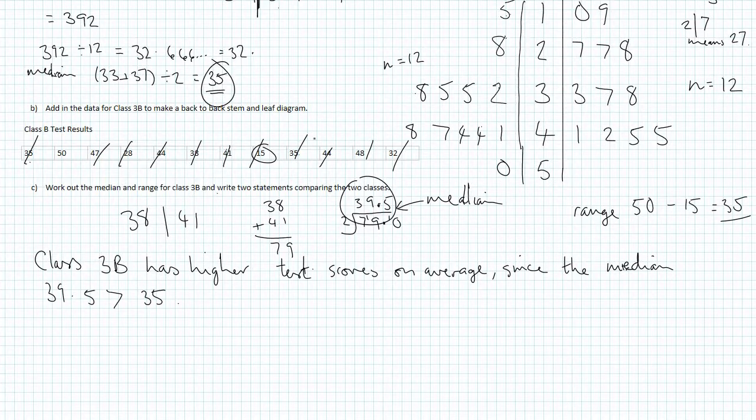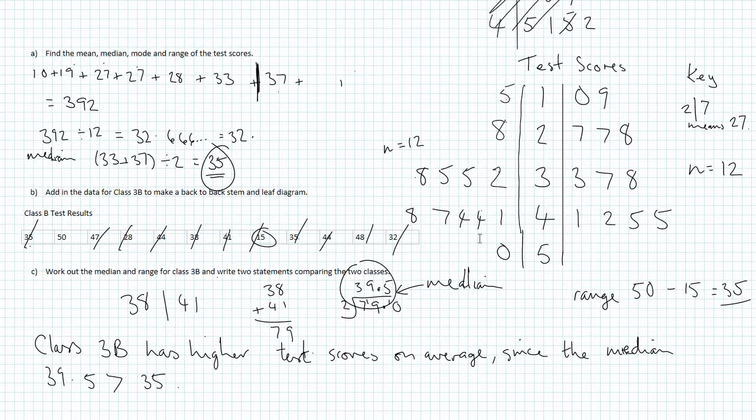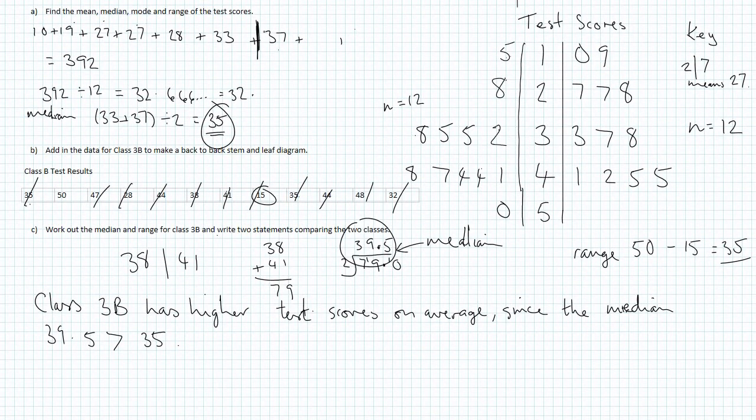Now let's look at the range. So the range before for class 3A, oh no, I've rubbed it out. We can work it out again, no bother. So it was 45 take away 10 for class A. 45 take away 10 is 35.